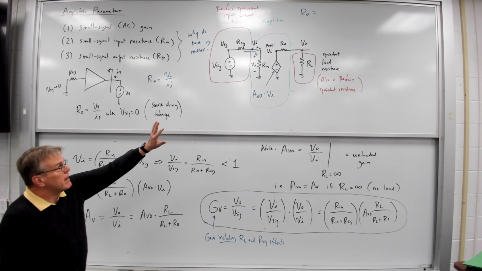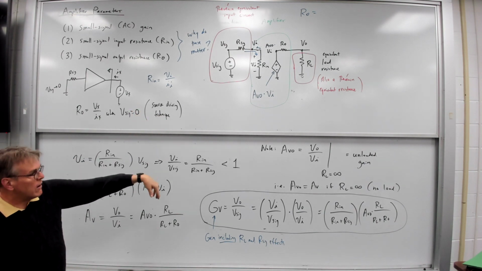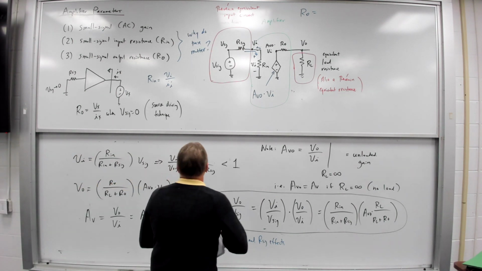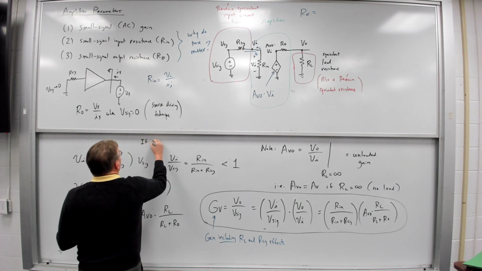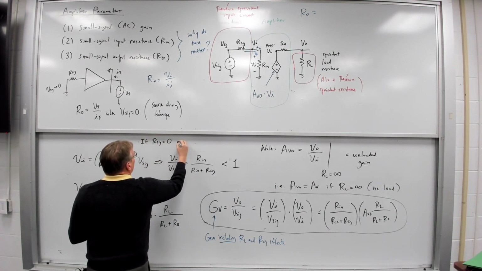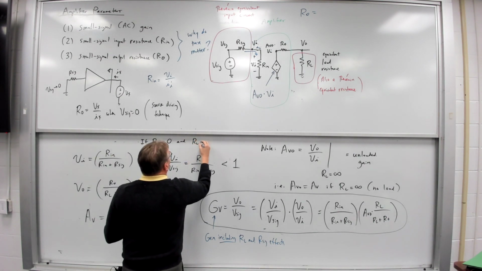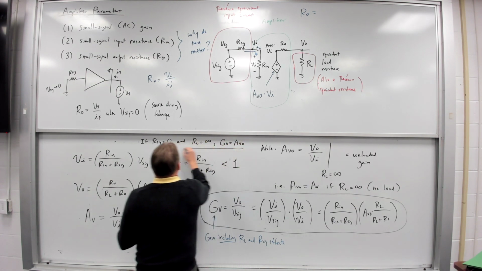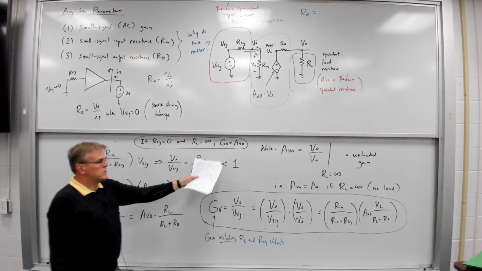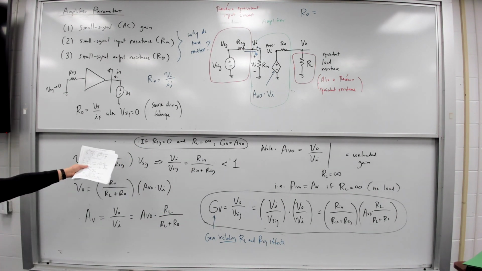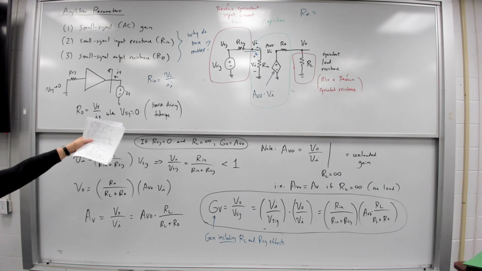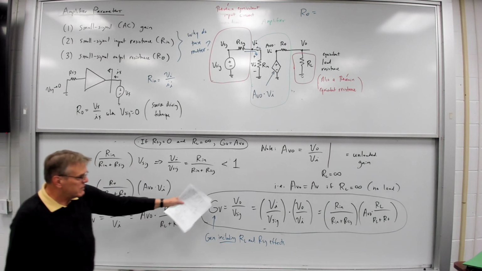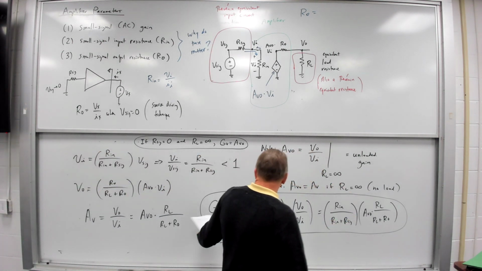So if I don't have any RL or R sig, then the global gain is just equal to AVO. So in this case, if I've got a 0 signal resistance and an infinite load resistance, then this turns into 1, this turns into 1, and GV is just equal to AVO.